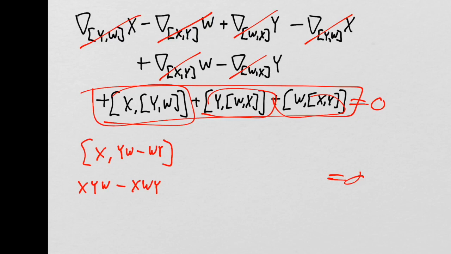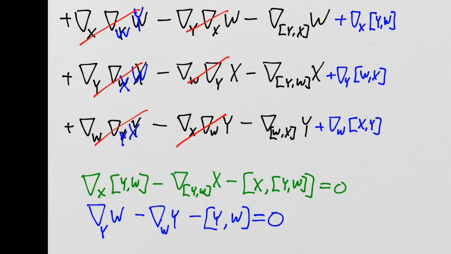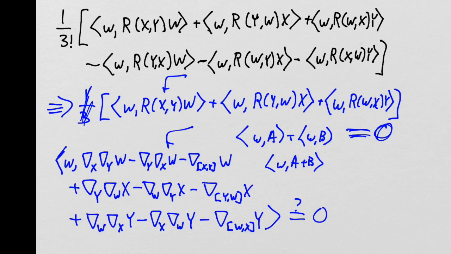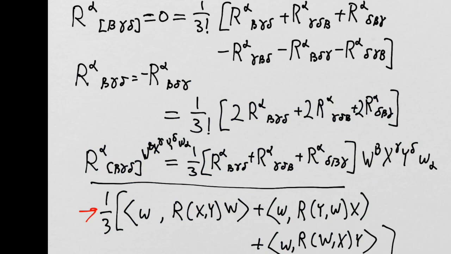So that is the final proof that this expression here in totally abstract form is always equal to zero. And the caveat is torsion-free spacetime. Okay, so that is called the first Bianchi identity. All right, so what's the next one we have to show?